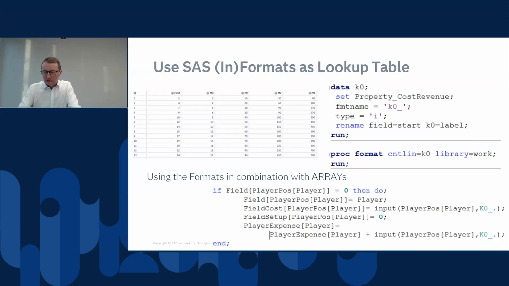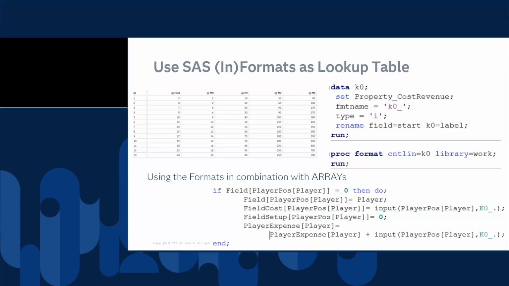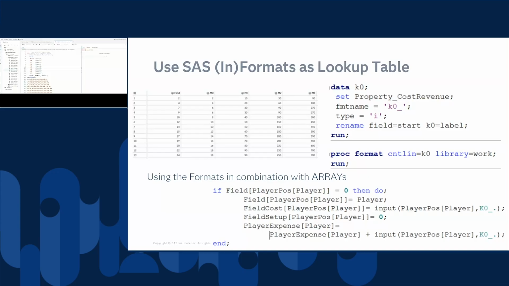In order to be able to do this, if we want to talk about money, we need to get now the price and the rent for the different fields into our system. So you see, I have a data step here, which shows what is the rent if you have just a property or with one house, several houses or more, and also what it costs for me to buy it or to buy a house.